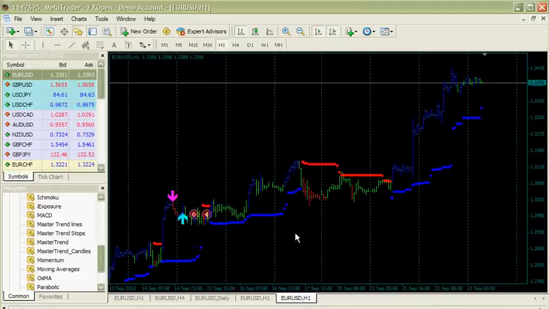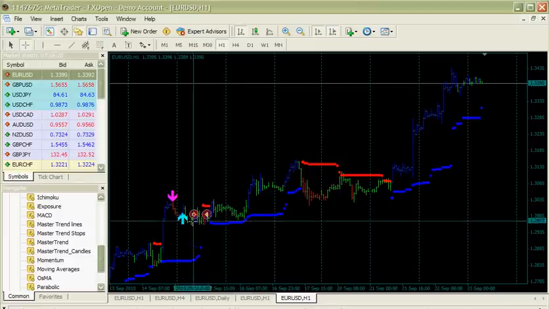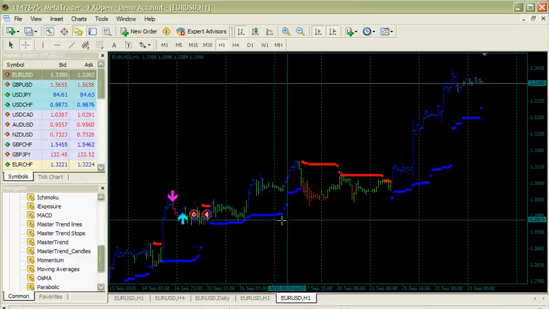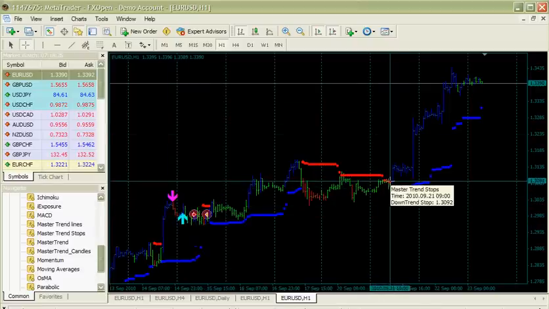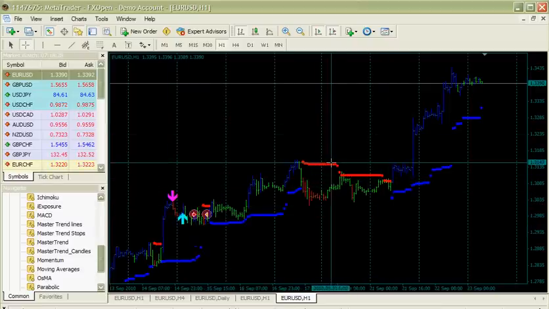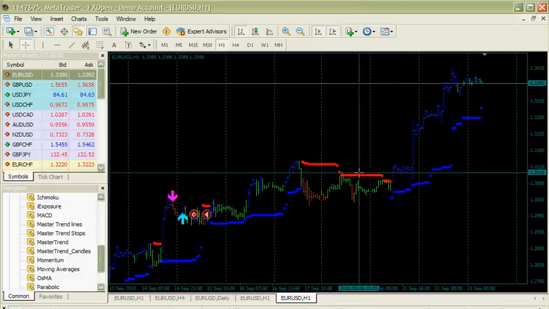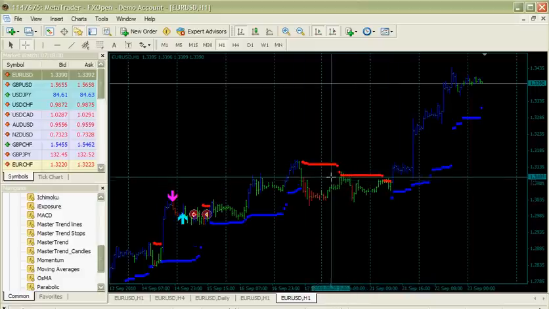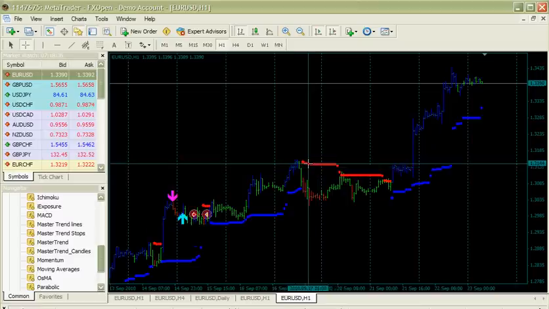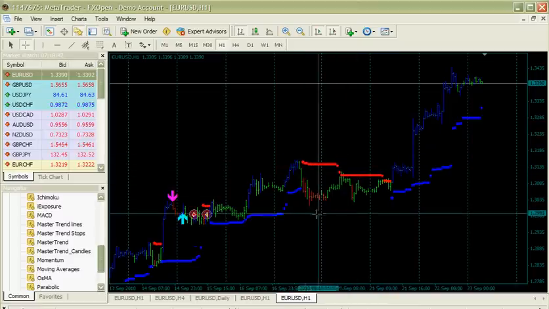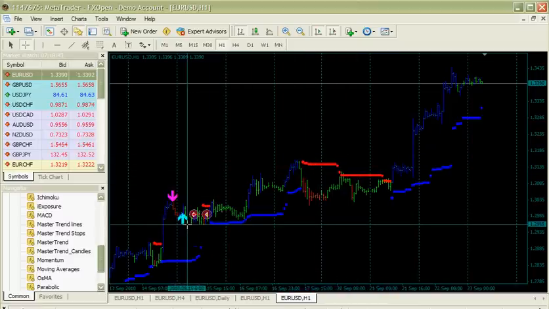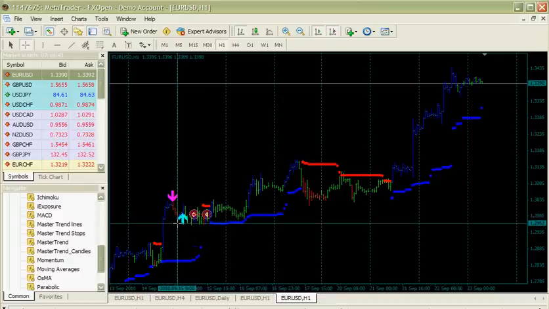Also, the system allows you to have a second chance entry. So let's say we missed this trade here and the system is still giving a buy signal, and we came here. Of course, when we see the red dots, that means either the market is consolidating, or we have an unconfirmed signal. So we're not going to use this area for any trading because we have a conflicting signal between the two indicators.